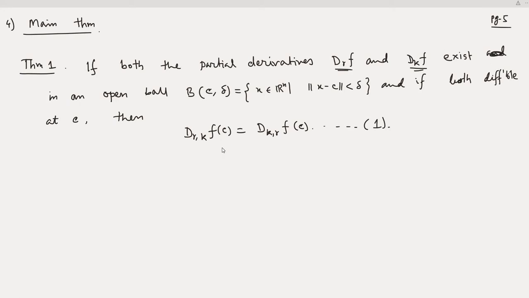So this is the main theorem. So we prove this theorem here.